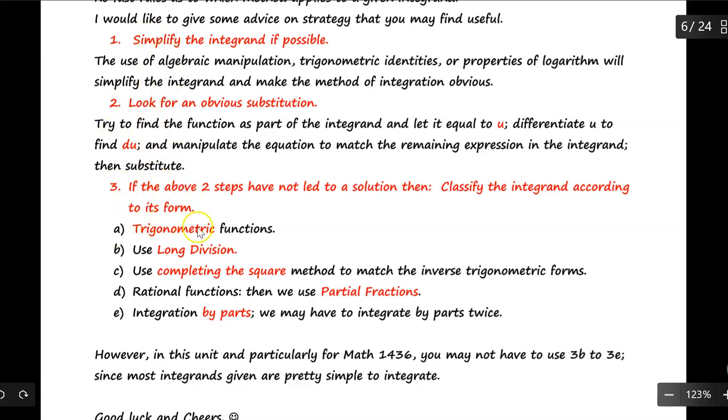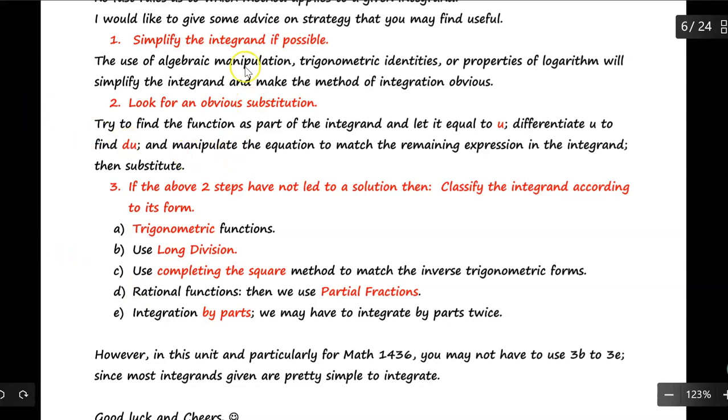Steps 3B to E are the complicated integrals, and we are not going to cover them in this video or the next few videos.